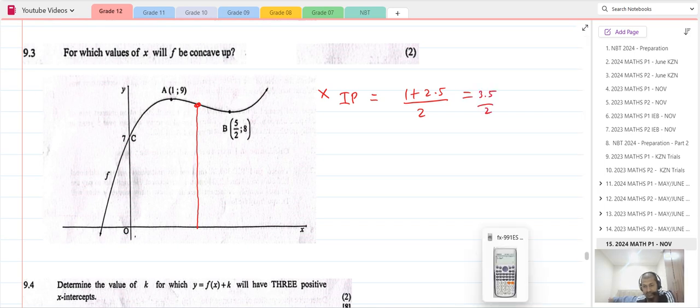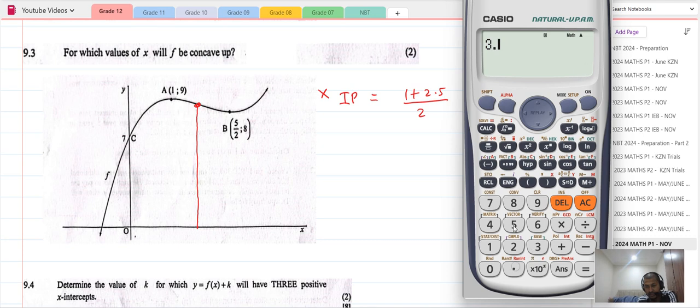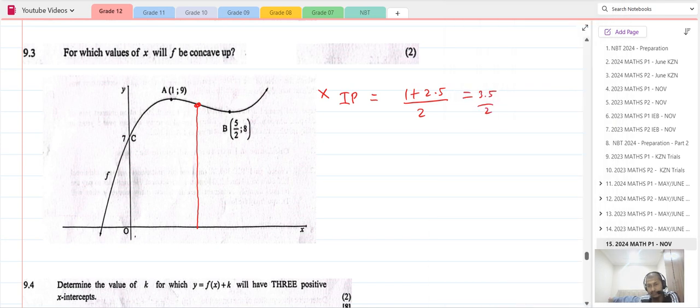We want the midpoint, which is 1.75, or 7 over 4. Because this is 2.5 and this is 1.